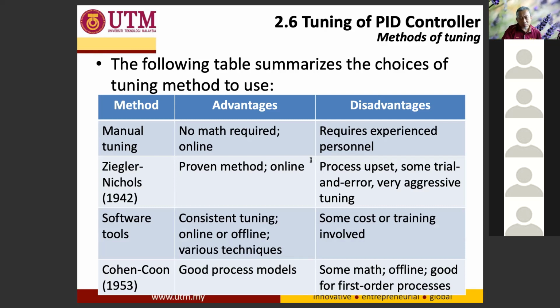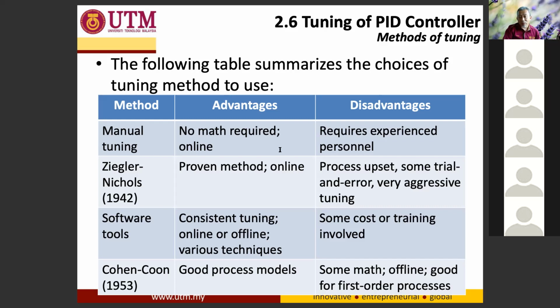For example, manual tuning is based on experience. Maybe the workers have 3 or 4 decades of experience controlling that particular process or plant. They just use their hands and estimate, without any mathematics background or calculations. So mathematics is not required.